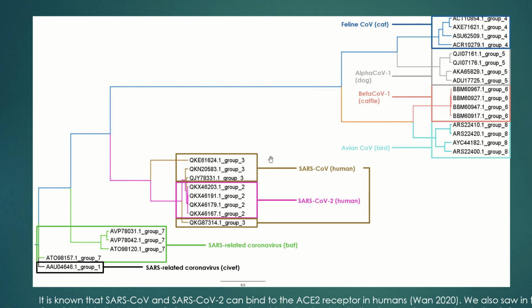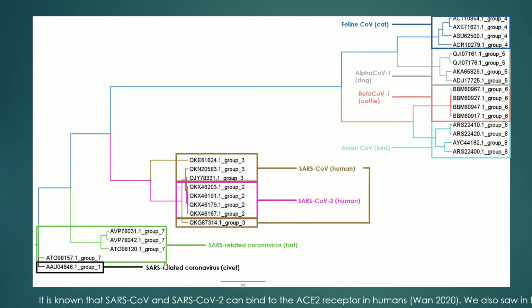What I'm saying is that these are more similar to birds, cattle, dogs, and cats, which are in close contact with humans, than they are to bats and civets, because they share a more recent common ancestor than it does with these two organisms.